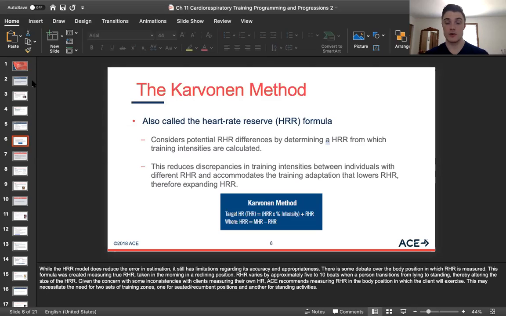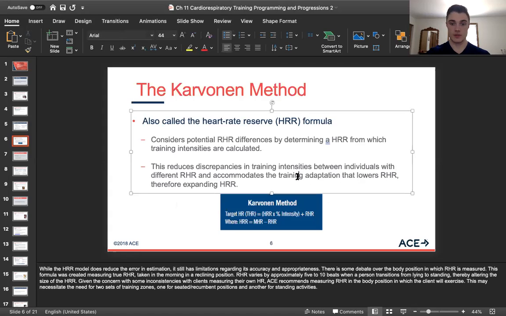Let's say you want them to work at 70% of their heart rate reserve, then that's all going to incorporate into this formula. So for example, let's say I'm doing this on myself.